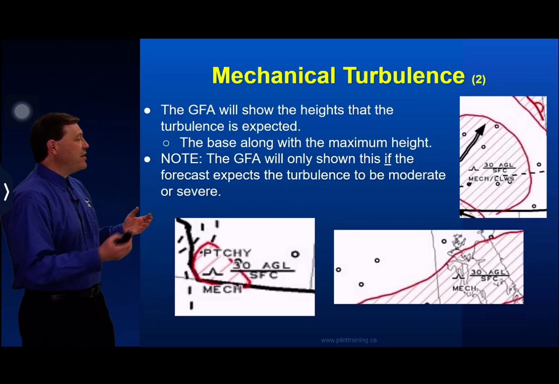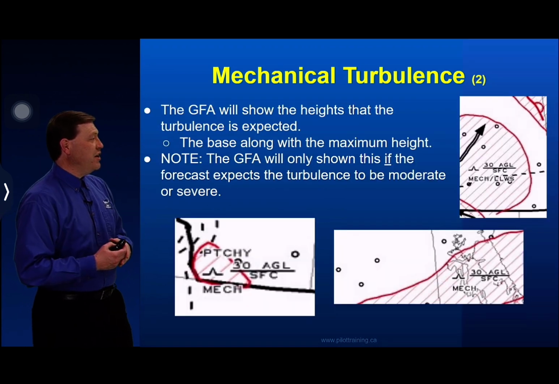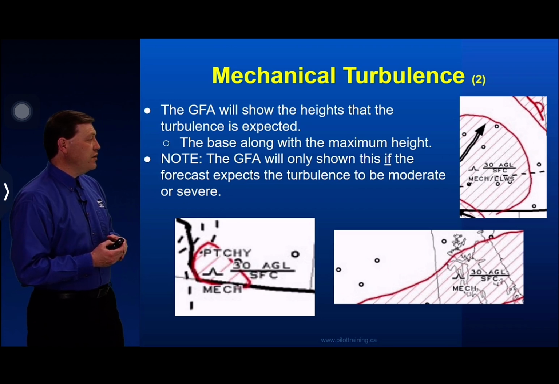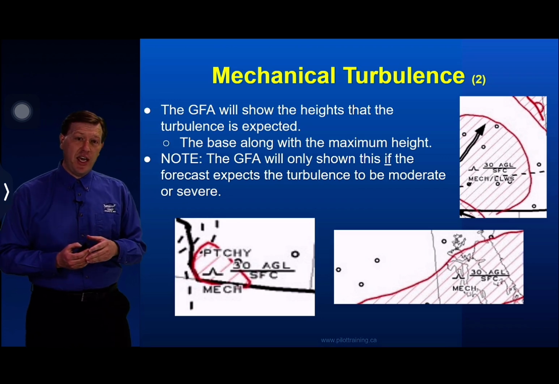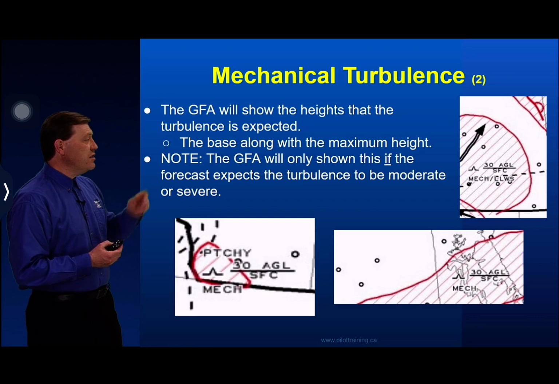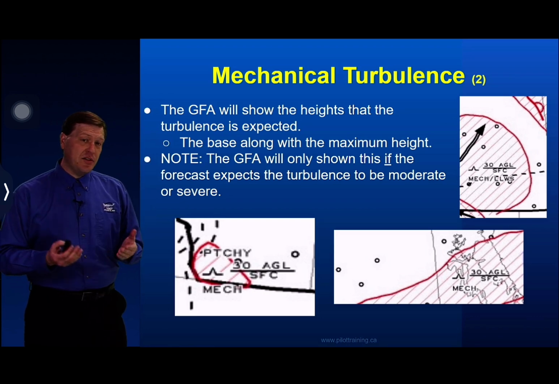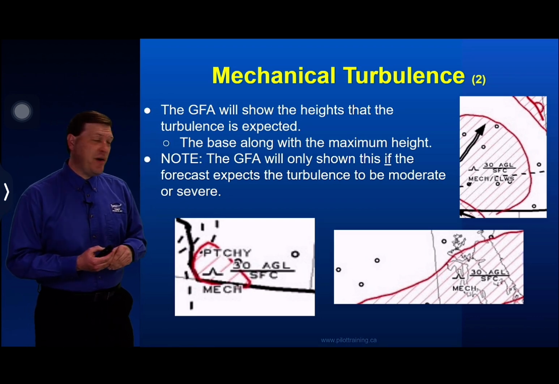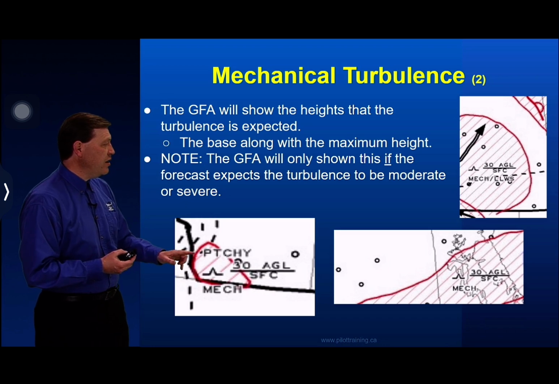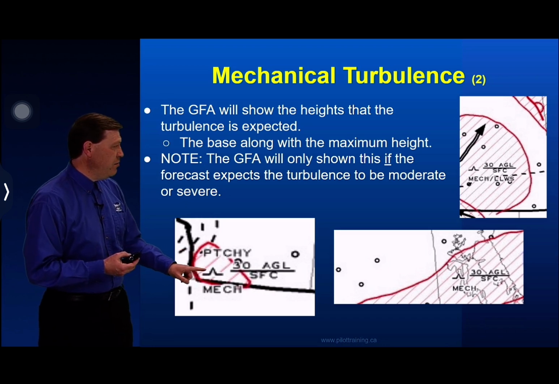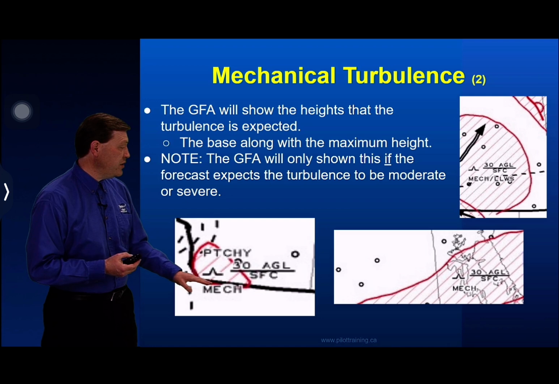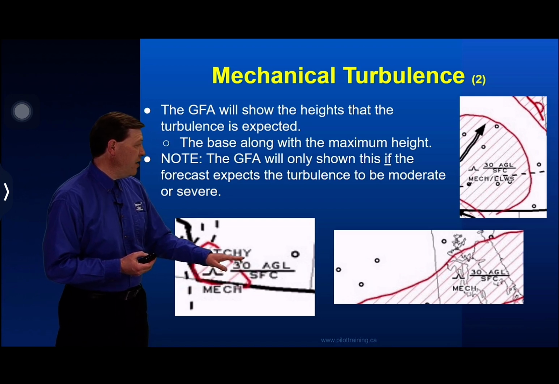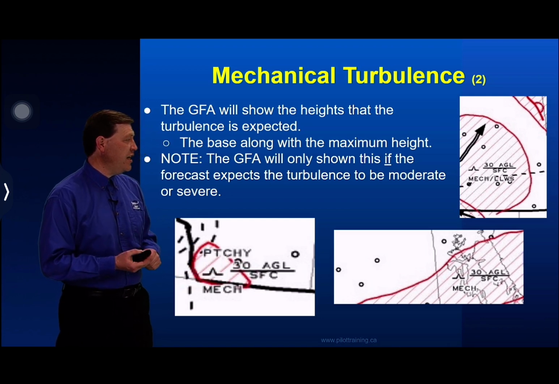So here's some practical examples when it comes to the actual GFA. You can see the GFA will tell us the heights at which mechanical turbulence is expected. So right in here, we've got it showing moderate mechanical turbulence, from the surface up to 3,000 feet AGL.